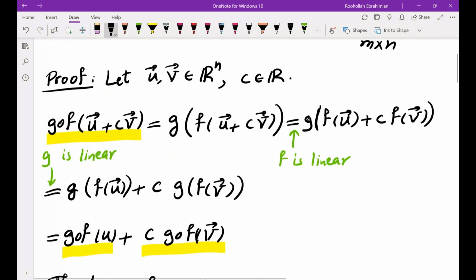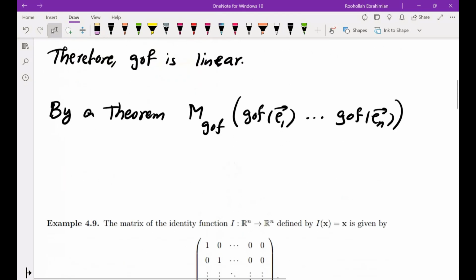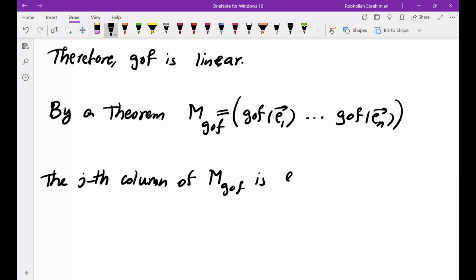So that's the matrix, because remember that f goes from Rn to Rm, so you would plug e1 through en into g∘f, and those would be the columns of the matrix of g∘f. I'm going to evaluate maybe the jth column of that. So the jth column of this matrix is g∘f of ej.